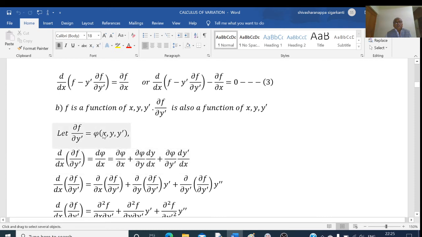As pi is a function of x, y, y', I will write this as ∂pi/∂x into dx/dx, which is 1, plus, pi is a function of y, so ∂pi/∂y into dy/dx, plus, pi is a function of y', therefore ∂pi/∂y' into dy'/dx.